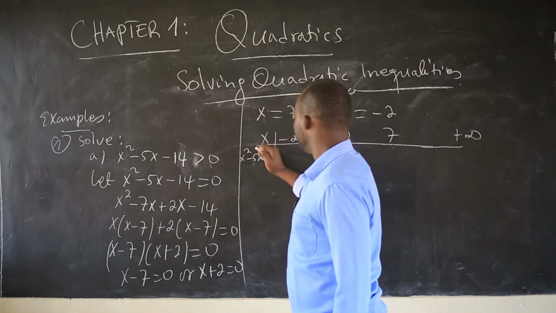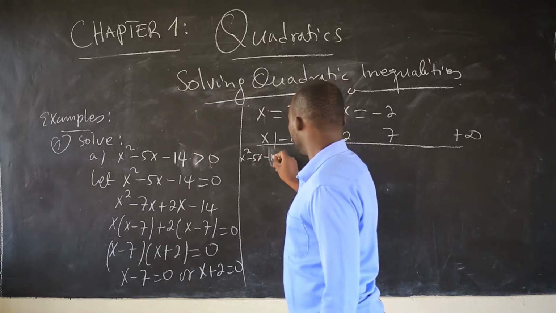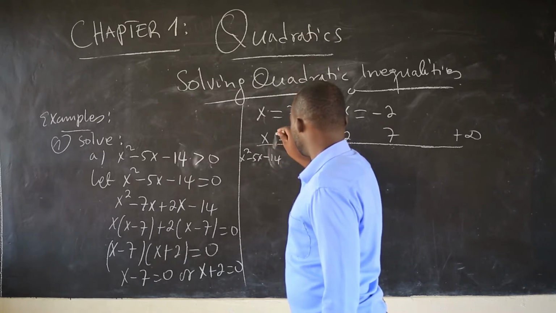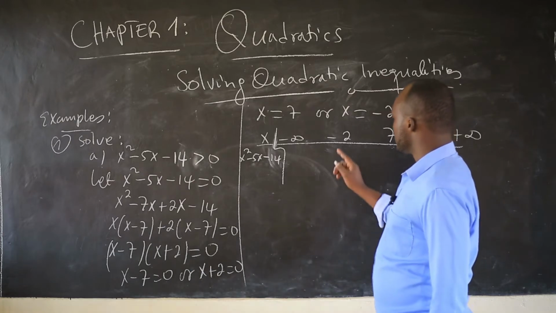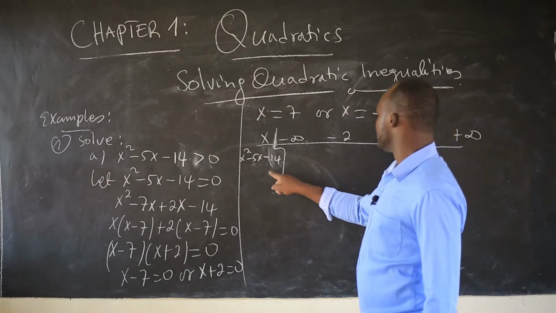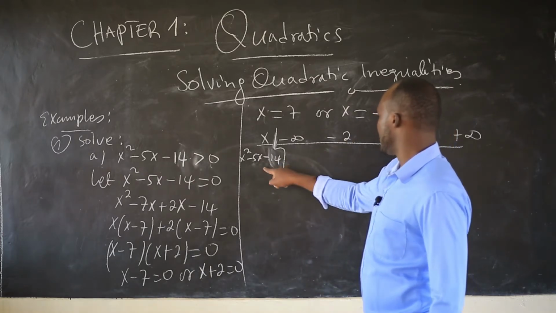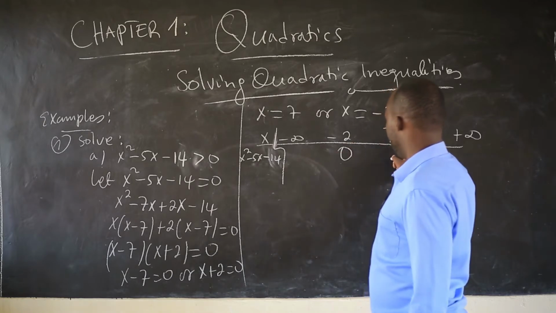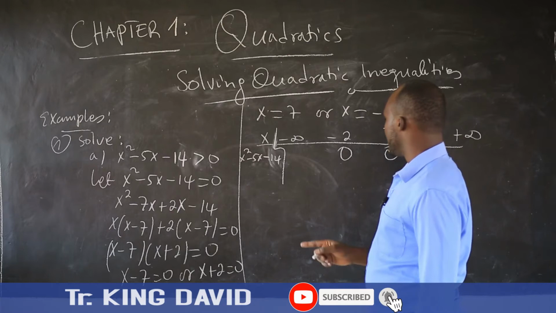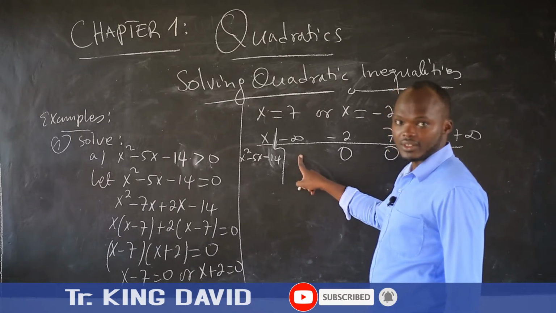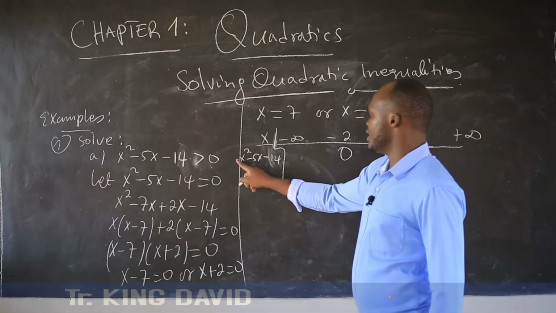Those are the roots of that equation. When we bring negative 2 here, immediately we get 0. And when you bring 7, immediately we get 0.